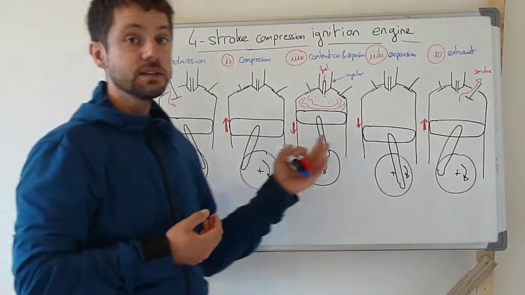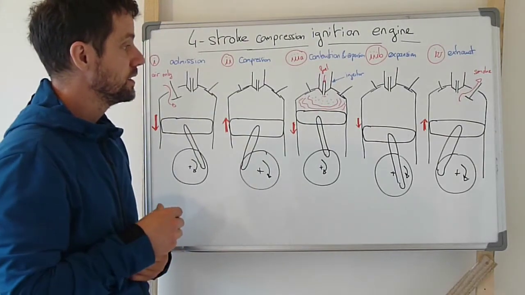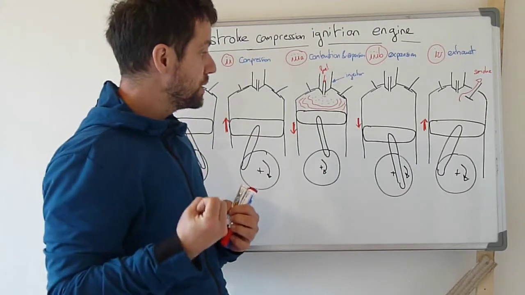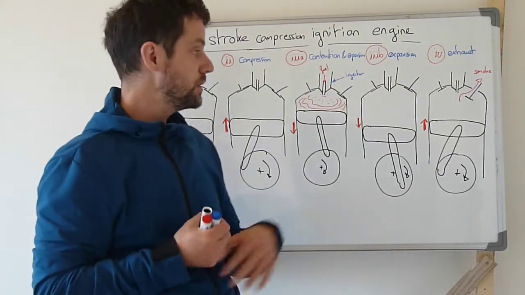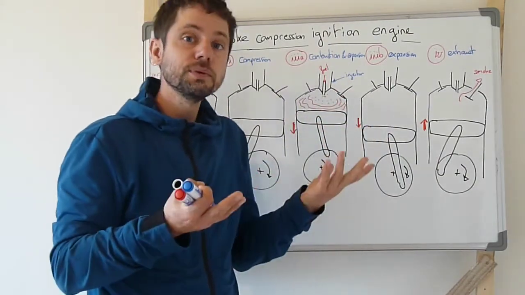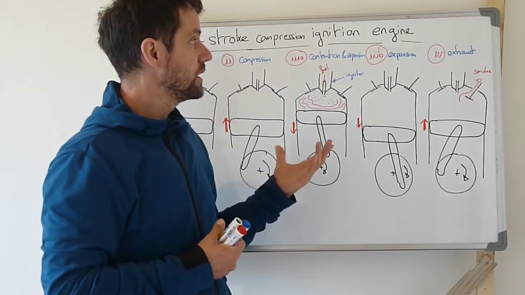Then the rest of the cycle is very similar to the spark ignition engine. The rest of the third stroke is the expansion of the smoke that we have inside the cylinder, and this expansion is the useful transformation that makes it an engine.